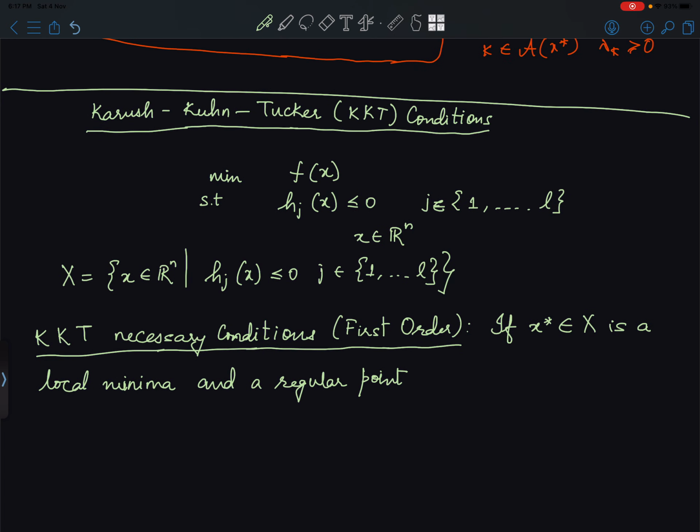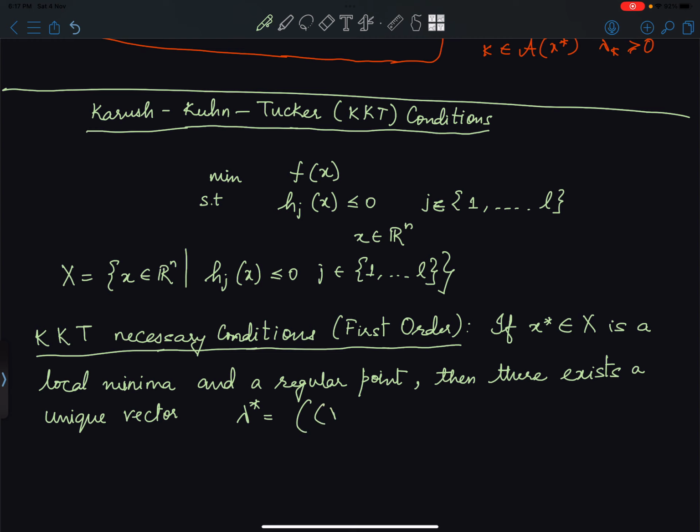So if my x star is a local minima and also a regular point, then there exists a unique vector, I call it lambda star, such that lambda star is basically lambda 1 star, lambda 2 star till lambda L star.